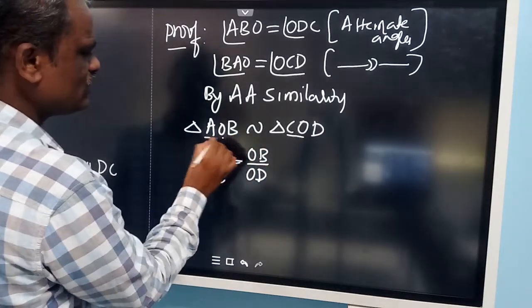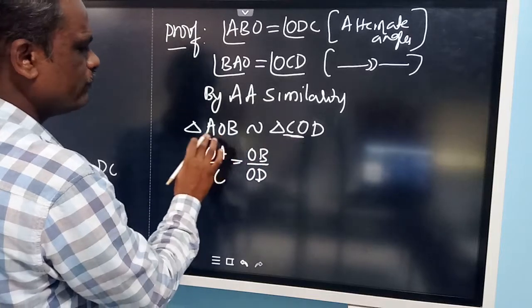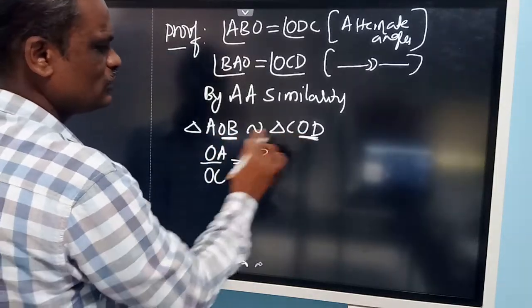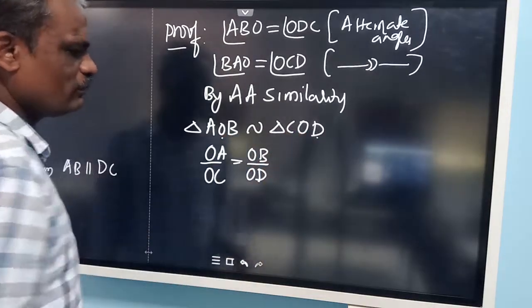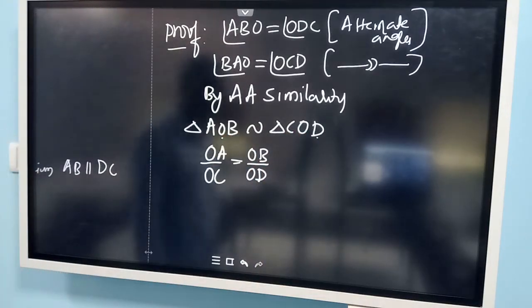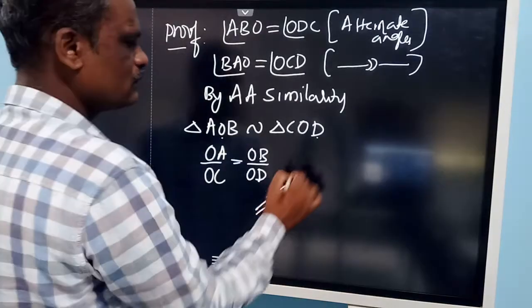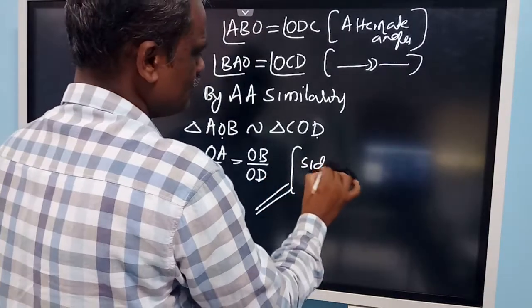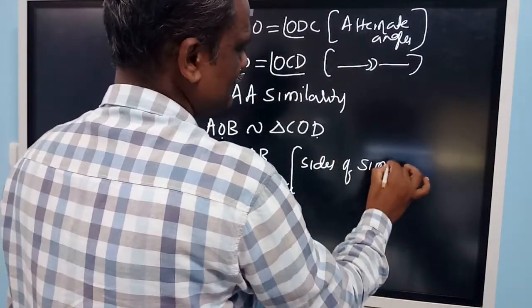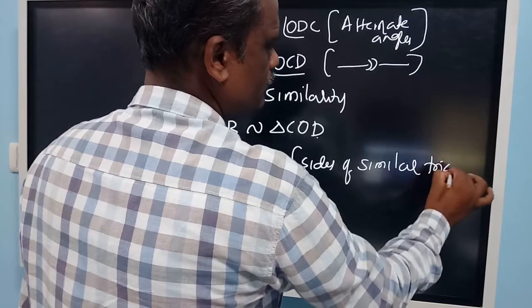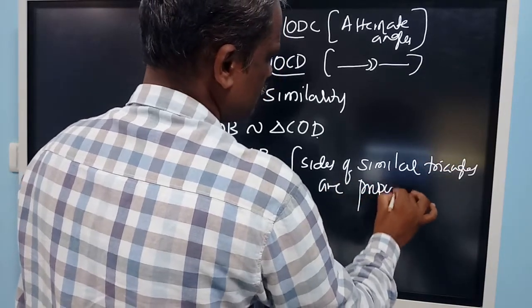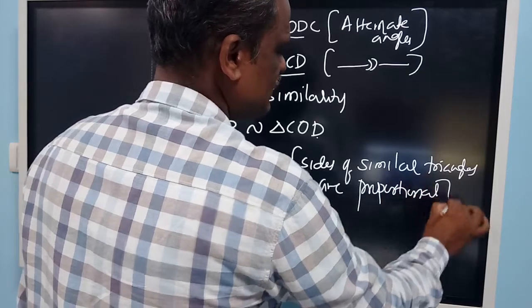We have taken first two, here also first two, OA by OB, then the last two, OB by OD. So we have proved that OA by OC is equal to OB by OD. This is because corresponding sides of similar triangles are proportional.